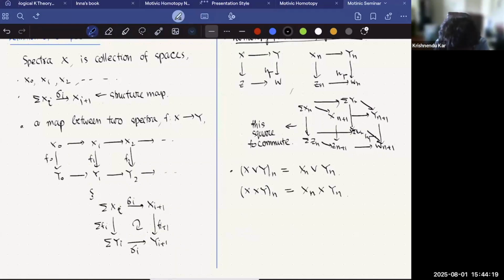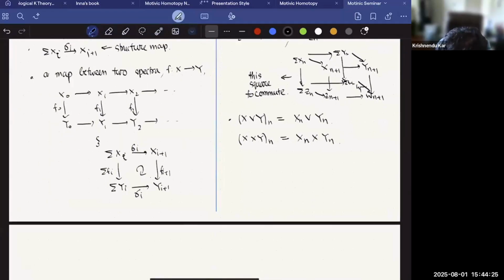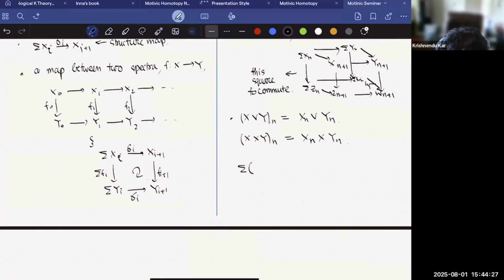And here the structure maps are natural to follow. So if you have the map suspension of Xn wedge Yn, that is your smashing with S1. Let's use that.